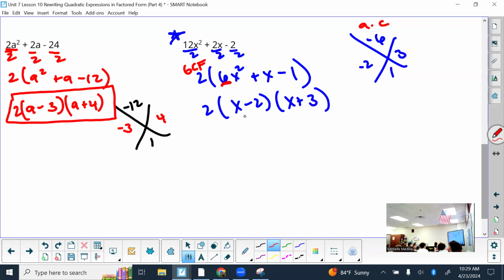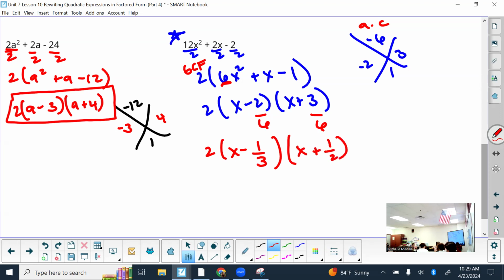What do I do from this point forward? And then reduce the fraction. What does 2/6 reduce to? No. Smaller number over bigger one. 1/3. What does 3/6 reduce to? And this is not my final answer.